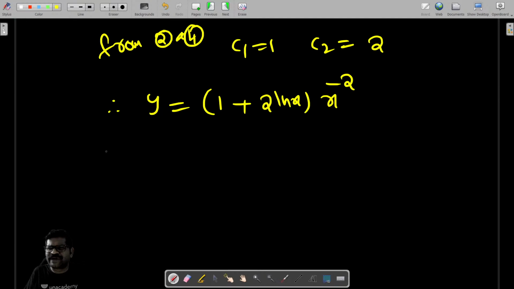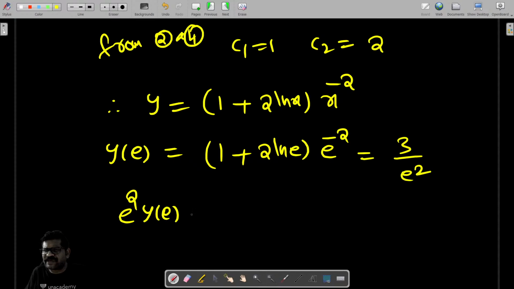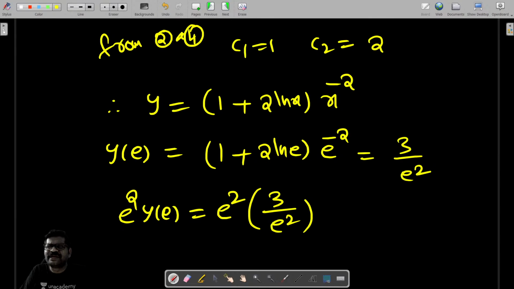Now you have to find y of e. So y of e is 1 plus 2 log e into e power minus 2, that is 3 by e square. We have to find e square into y of e, which is e square into 3 by e square. E square cancels. The result is 3.